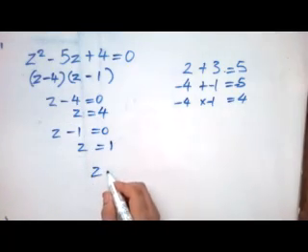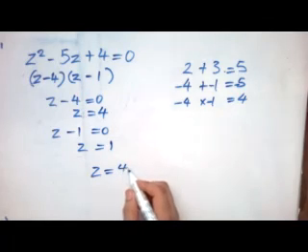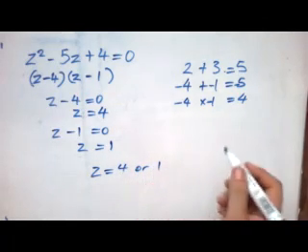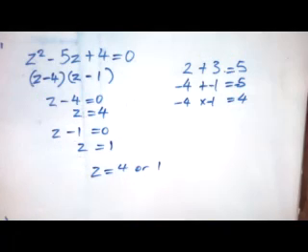So our answer here is z is equal to 4 or z is equal to 1. That is the final answer. Very simple, isn't it? In the next question, you will pause your video and attempt solving the problem. After solving, resume play. Let's solve it together.